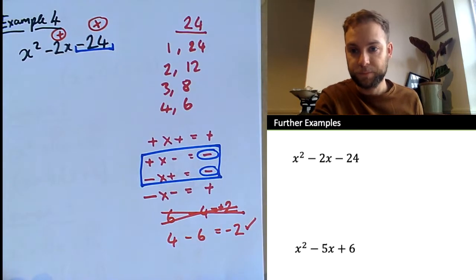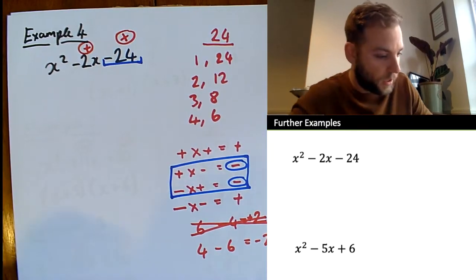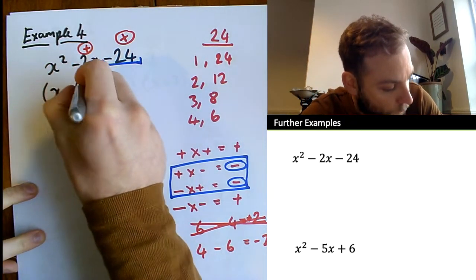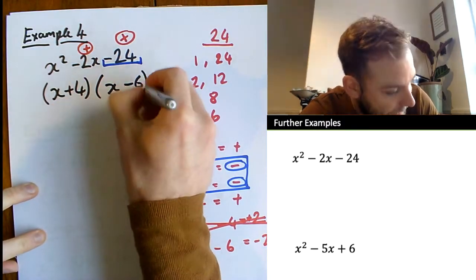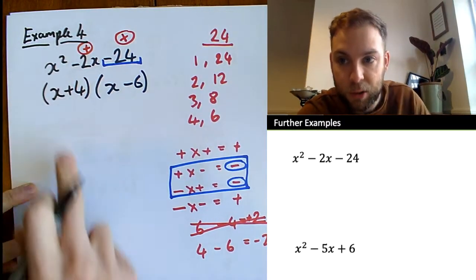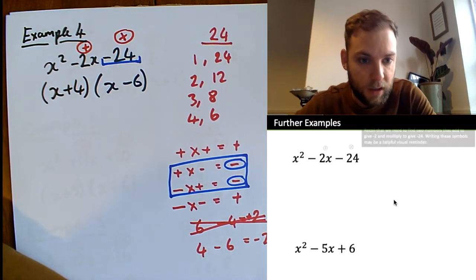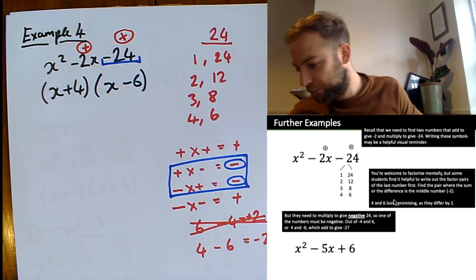Okay? So with this one here, we know that our solutions are going to be x plus 4 and x minus 6, because 4 minus 6 is minus 2. 4 times minus 6 is minus 24. Absolutely brilliant. So let's have a go at one more of these.